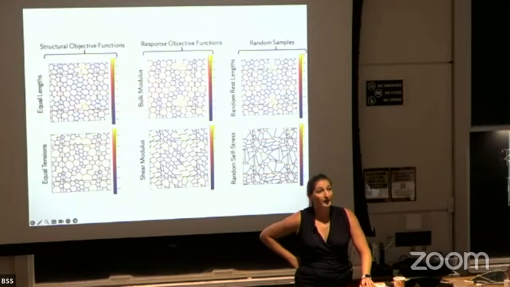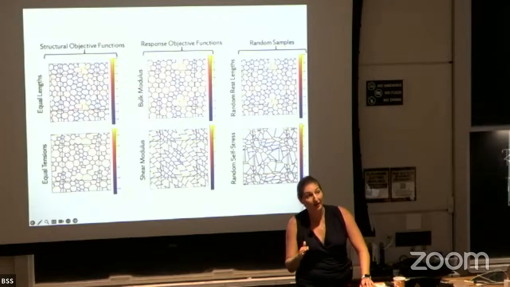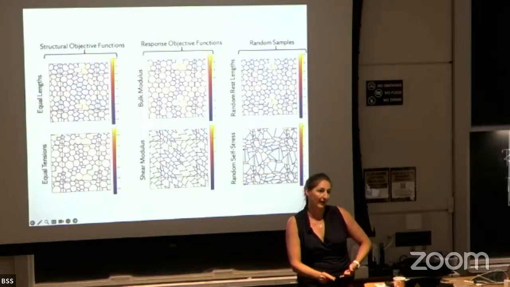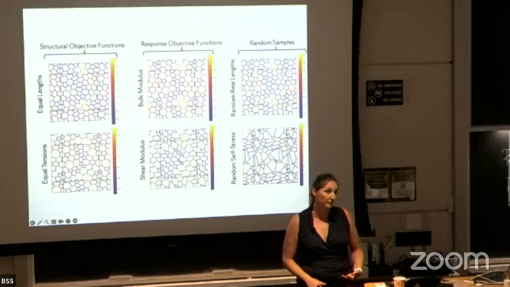Well, you can optimize so that you're at the critical point, and as soon as you strain above the critical point, you have the minimum possible bulk modulus. If I put a dilational strain on this network, let's say I wanted to have the minimal bulk modulus possible after that, you could do it. It's just an objective function.